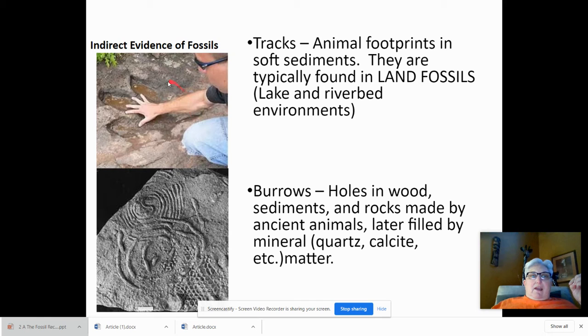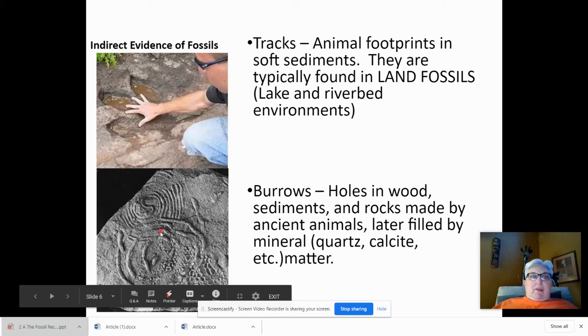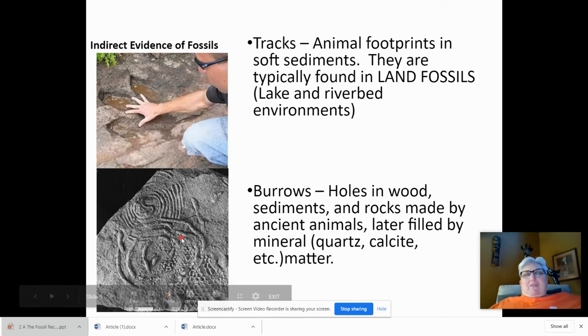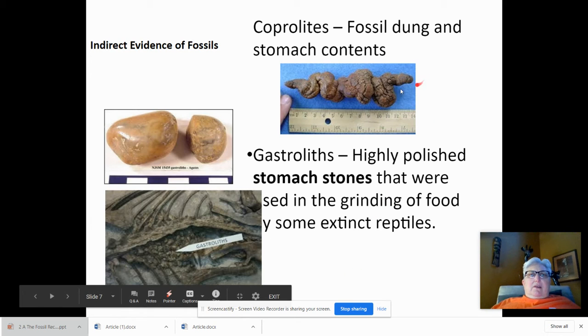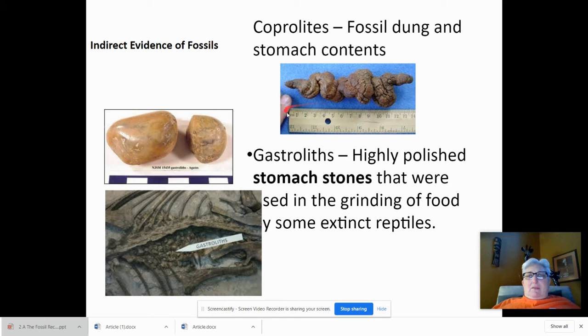So fossils are good sources of historical evidence. Here's a footprint that would be fossilized remains. Any type of tracks, burrows, for example, that are made in rock, wood, any sedimentary rock, those are all considered fossils. Coprolites are fossilized dung or the content of the stomach. Again, that wouldn't have been broken down over time.